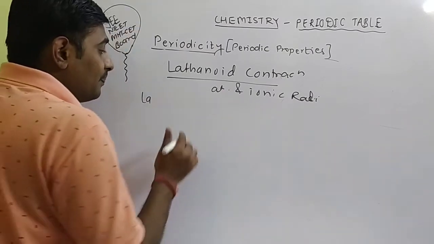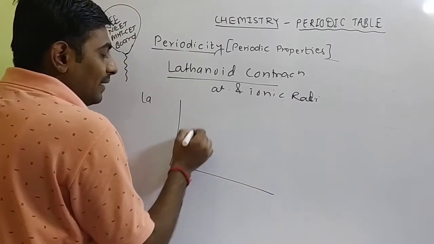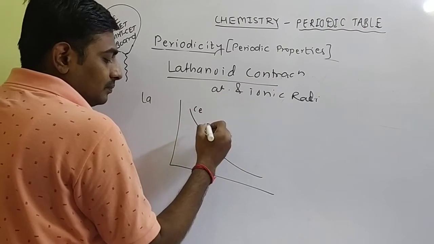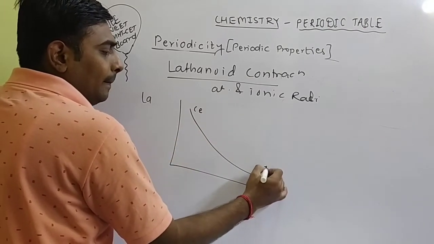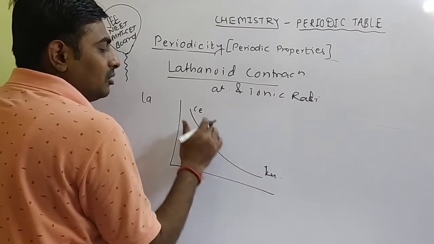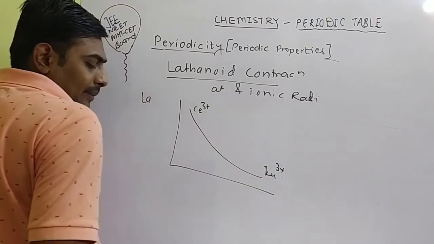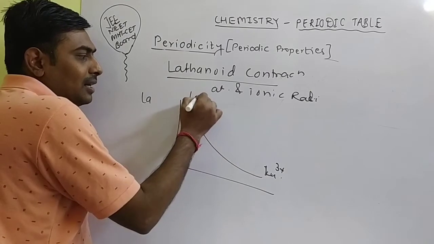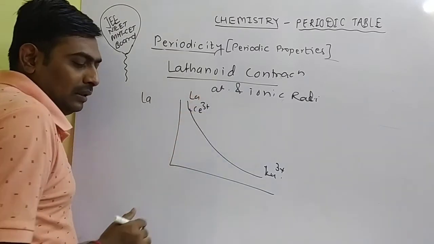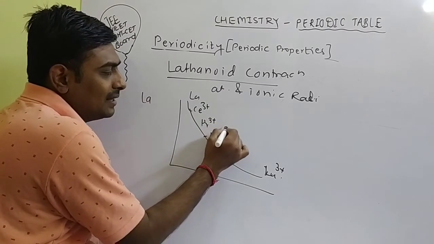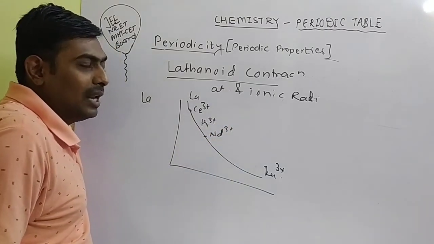Shielding effect is there. So when you observe atomic number and radius, from cerium to lutetium, this is your atomic radius, cerium 3 plus to lutetium 3 plus. These are the elements in the lanthanide series: lanthanum, cerium, promethium, neodymium, and so on.